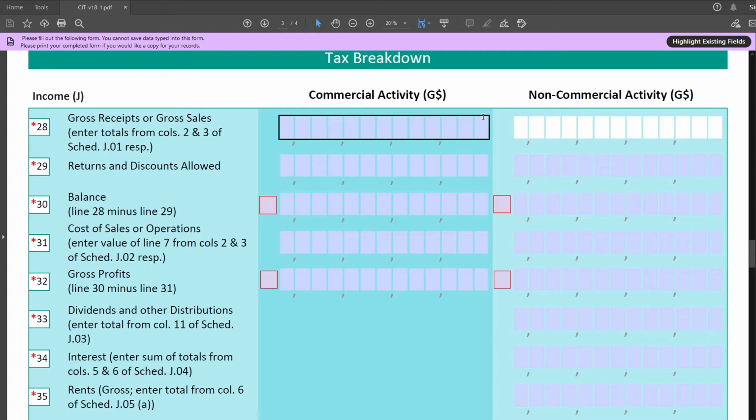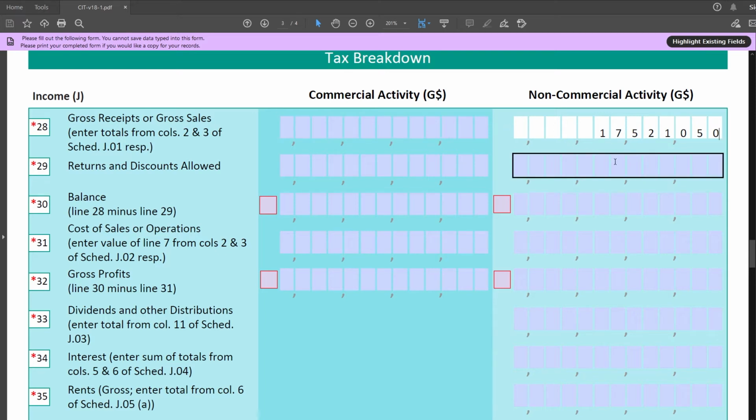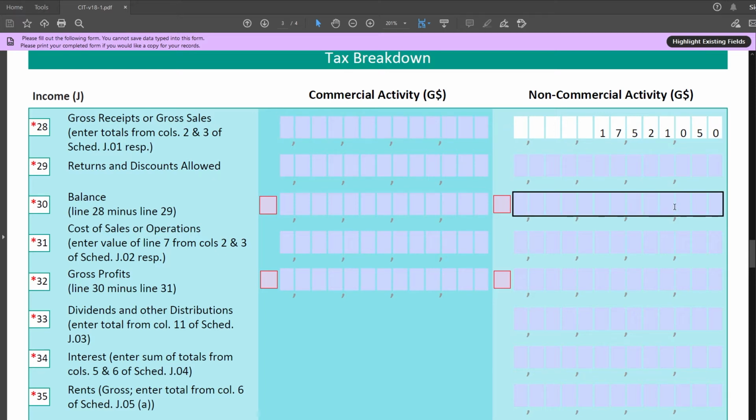Section J requires the preparer to post details about the company's income. In line 28, enter the total of all gross receipts. That is, income earned during the accounting period, including all cash and credit sales, commissions and fees receivable without any deductions for taxes or duties or expenses. This value should exclude gross receipts or sales covered in lines 33 to 42. The company never experienced returns and discounts.